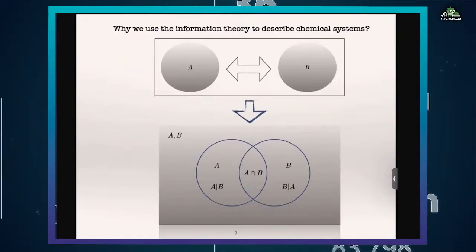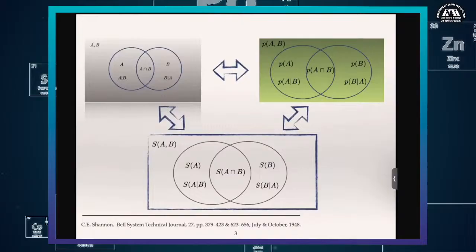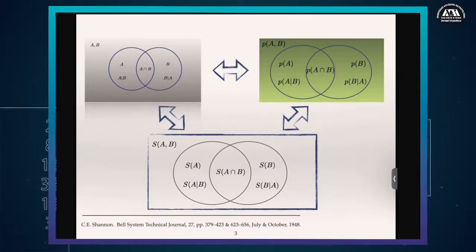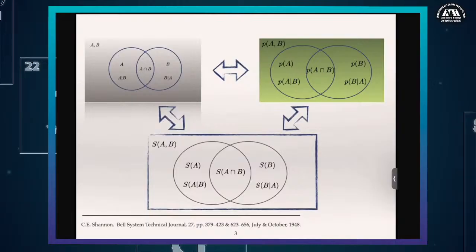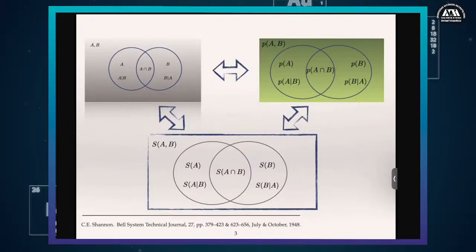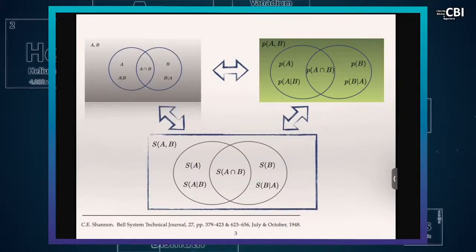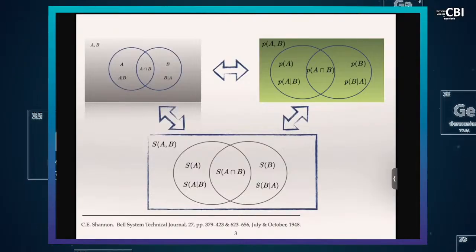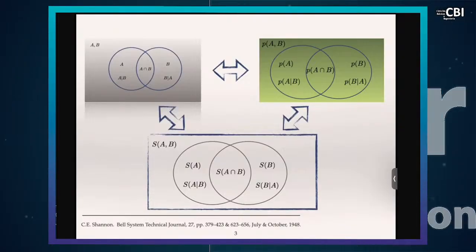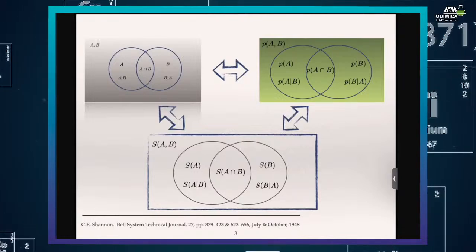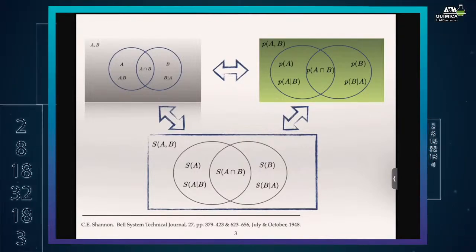We can express this general diagram in terms of probability: the joint probability, the probability of subsystem A, the mutual probability, and the conditional probability.